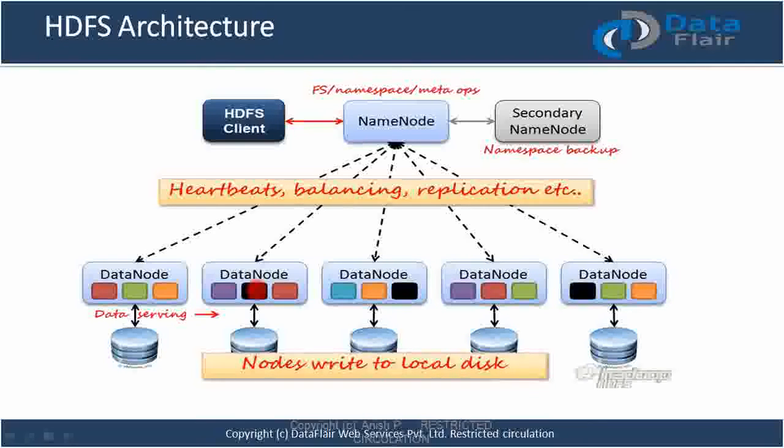There is nothing like a first copy or second copy or third copy. There is no priority between the copies of the data of the file, like this is the original copy or this is the duplicate copy. No. All the copies of the blocks have exactly the same priority. The same copy is available here and another copy is available here. So that's the replication that I was trying to say.